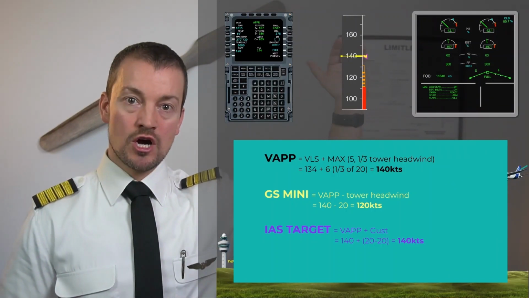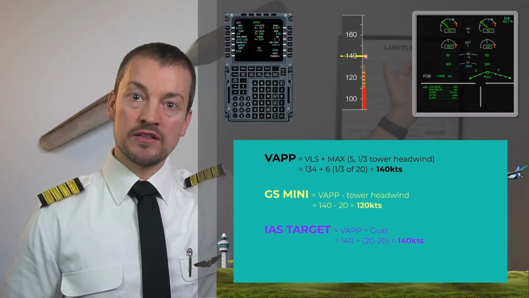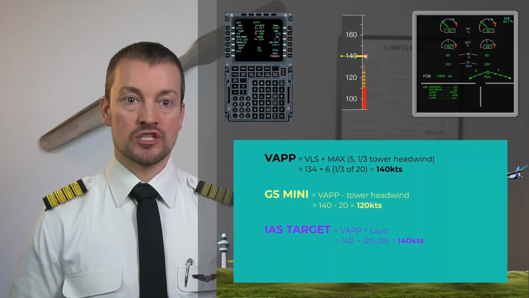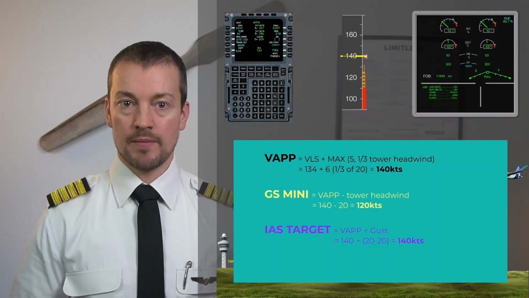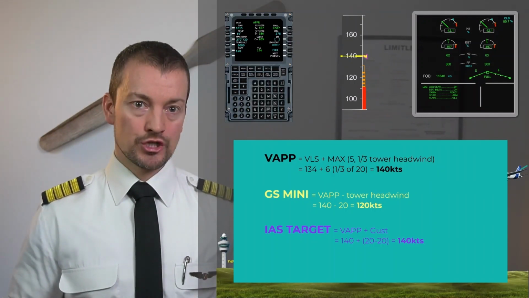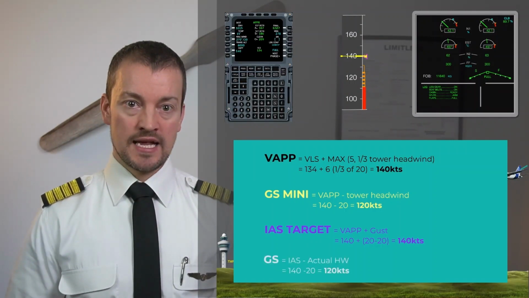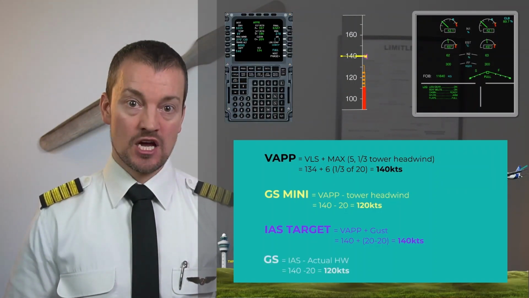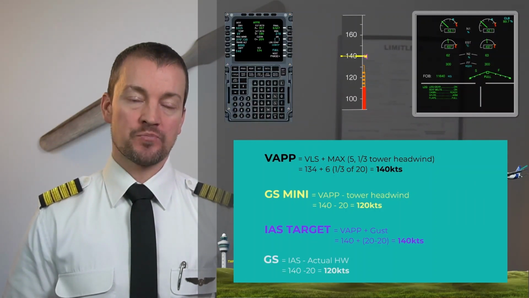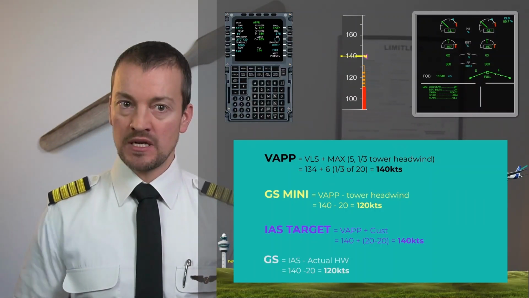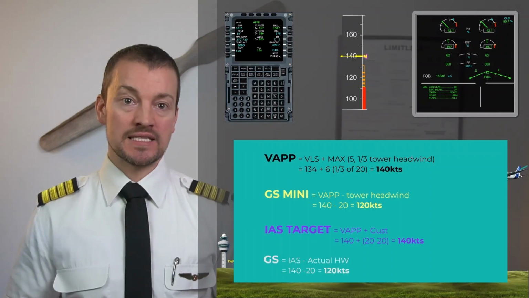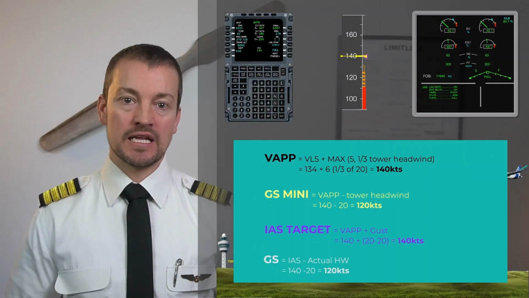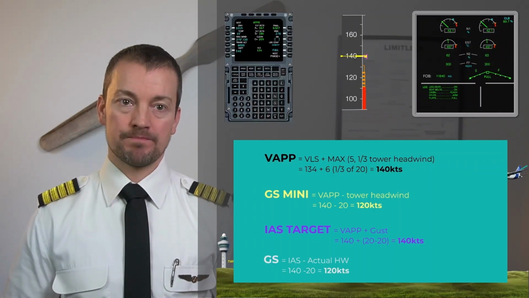If the target changes up or down, then the auto thrust will use thrust to chase that target, and that's what we're going to be seeing coming up. And just for the overall understanding here, the actual ground speed for the aircraft is, in this case, 120 knots. We can find the actual ground speed of the aircraft any given time by taking the indicated speed minus the actual headwind.